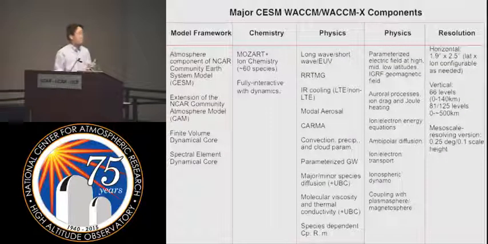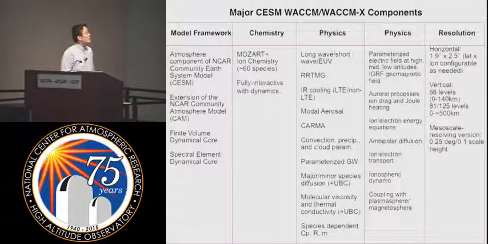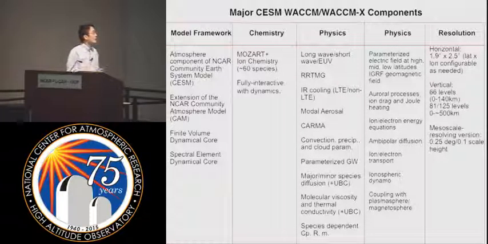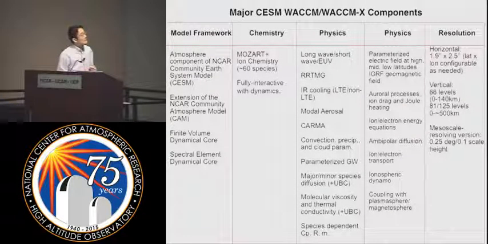And atmosphere, of course, is a key component there. For normal CESM runs, only the lower atmosphere version is used, the CAM, the Community Atmosphere Model. And WACOM is built on CAM by including all these physical and chemical processes.